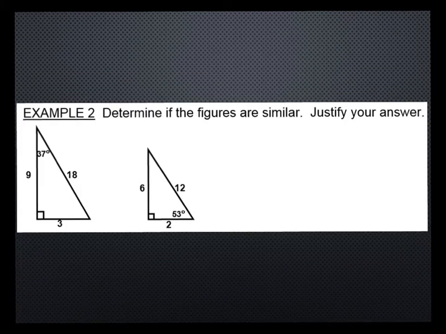Example 2. Determine if the figures are similar. Justify your answers. The way that we can work similar figures or similar polygons is doing small over large is equal to small over large.